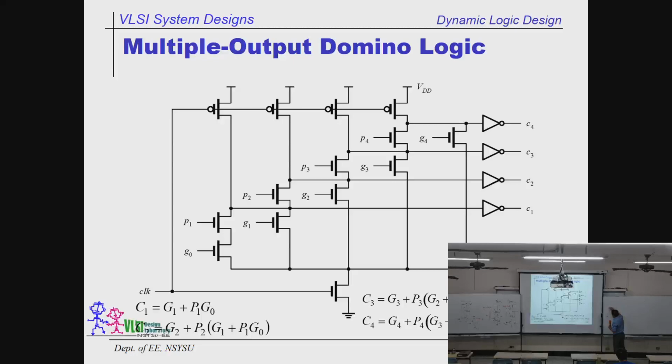Okay, let me repeat again. A plus B equals carry out and sum. Okay, this is very easy, 3 bits. We have 3 bits addition, carry and sum.